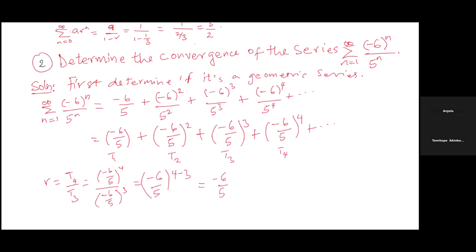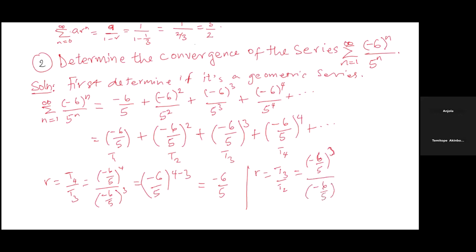So I have to do now T3 over T2, which is minus 6 over 5 raised to power 3, divided by minus 6 over 5 raised to power of 2.